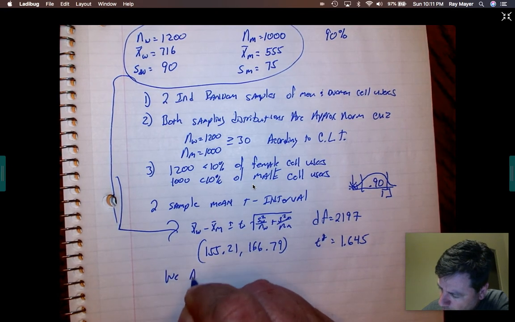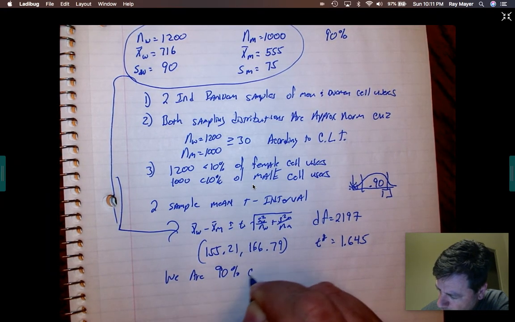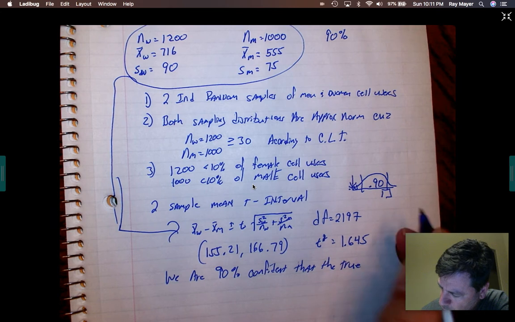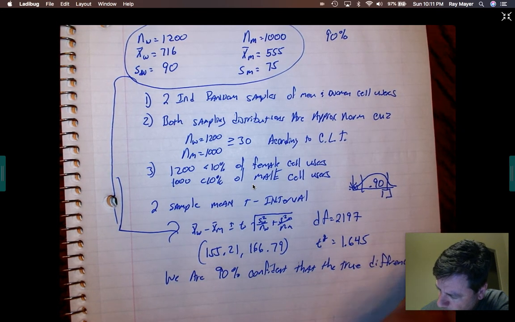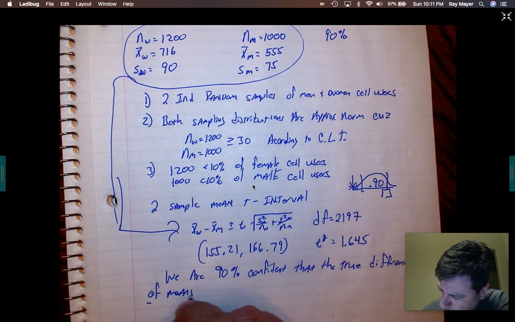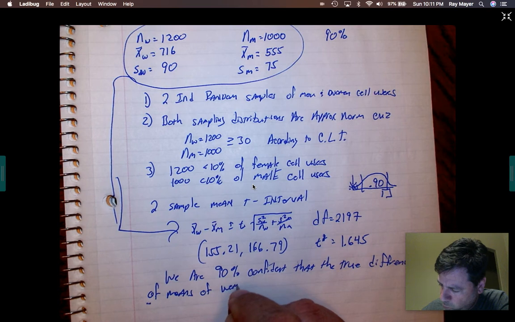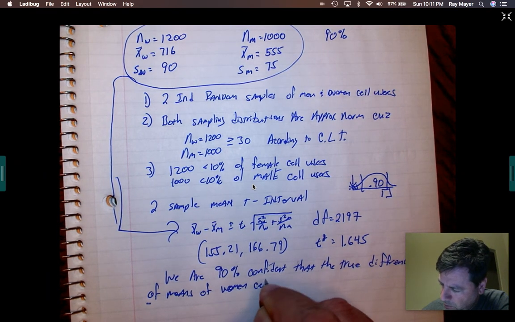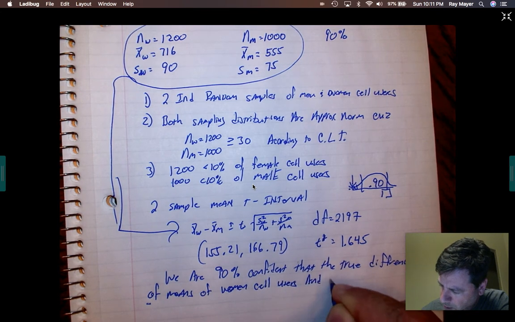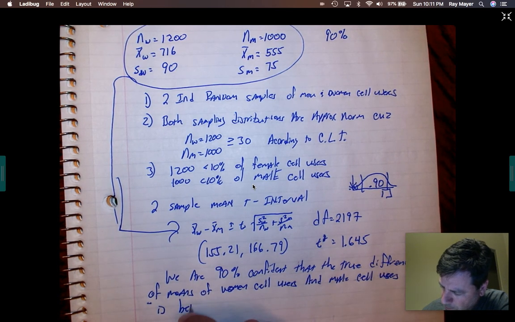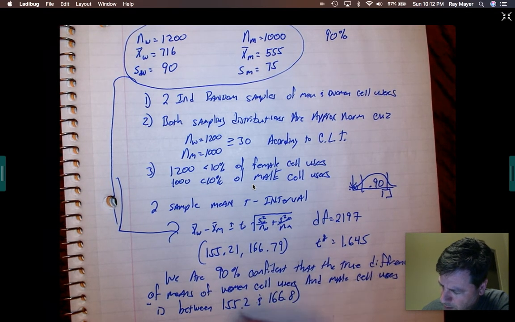We are 90% confident that the true difference of means of women cell users and male cell users is between 155.2 and 166.8.